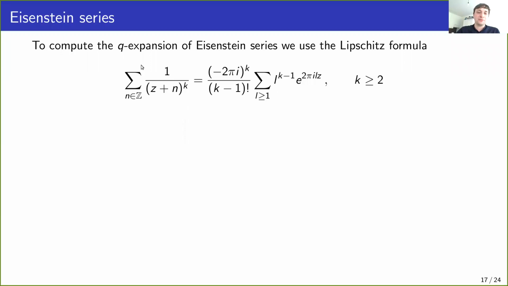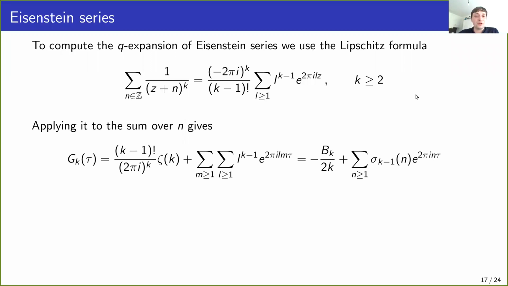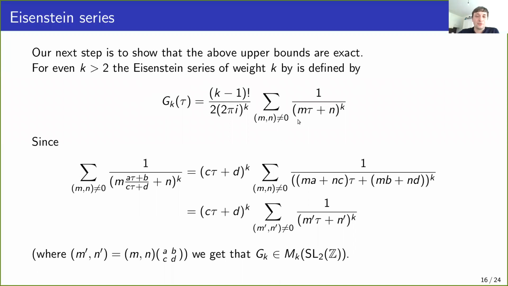Because the function on the left is obviously translation invariant. Okay, so if you apply it to the sum that we have, first of all, you split the thing into two parts. Let's say we sum over m. First of all, we have to sum when m is 0, and that gives you a constant term.